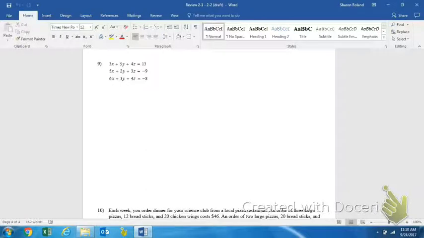Okay, if we're going to eliminate these, there isn't an easy option, but the easiest would be to get rid of the z's to me. And so the first one that I'm going to do is first and third, and I'm going to write the first equation down.